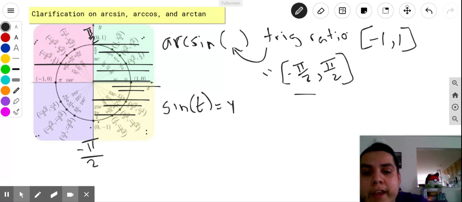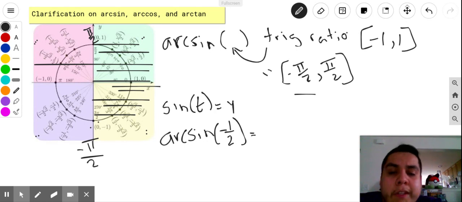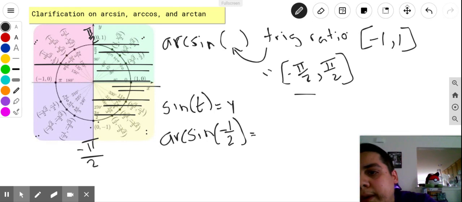So if I say that I'm trying to find arcsine of, I don't know, -1/2, the calculator is going to spit out a decimal, but I should know that arcsine means I'm looking somewhere in this range, and I'm looking for the y value to be a -1/2, so I know it's right here.